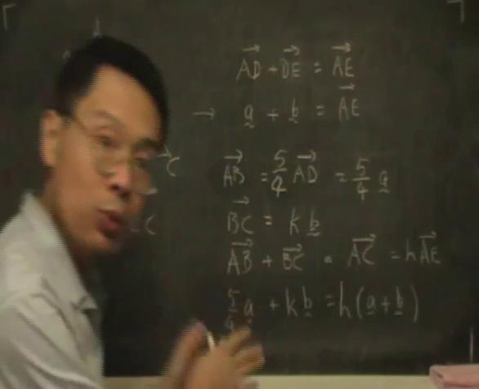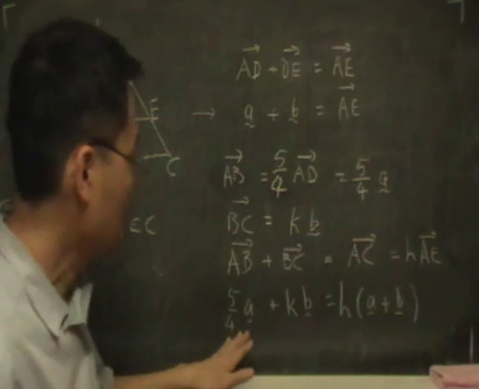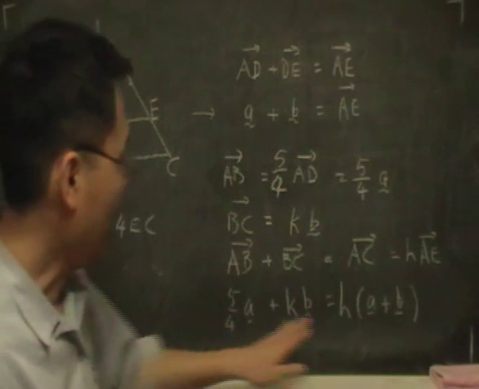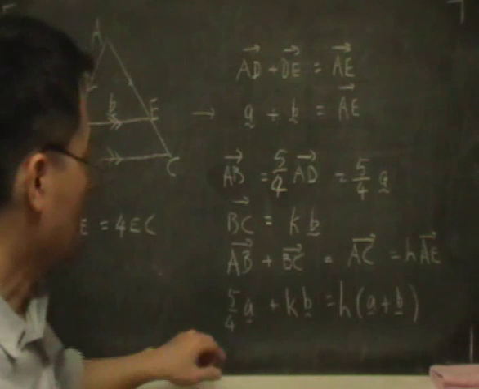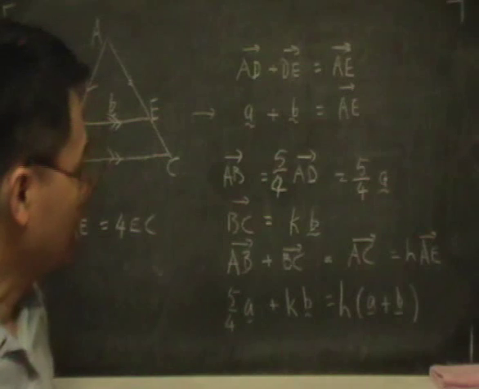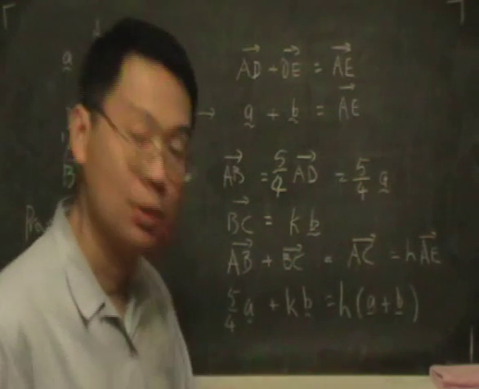Right, but how can we use this result? The way to use this result is to say that we can compare the two sides. We have 5 over 4 here on the left side. Now on the right side, we have h times a.